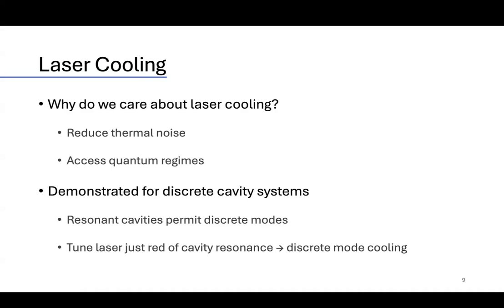So if you can carefully engineer a resonant cavity to support n integer multiples of the wavelengths, then you can tune a laser just off of the cavity's resonance, and the cavity then facilitates an efficient coupling process at the cooling sideband of the laser frequency. So this was well understood for decades in discrete systems where, again, n integer multiples of frequencies are allowed through these carefully designed resonator systems.